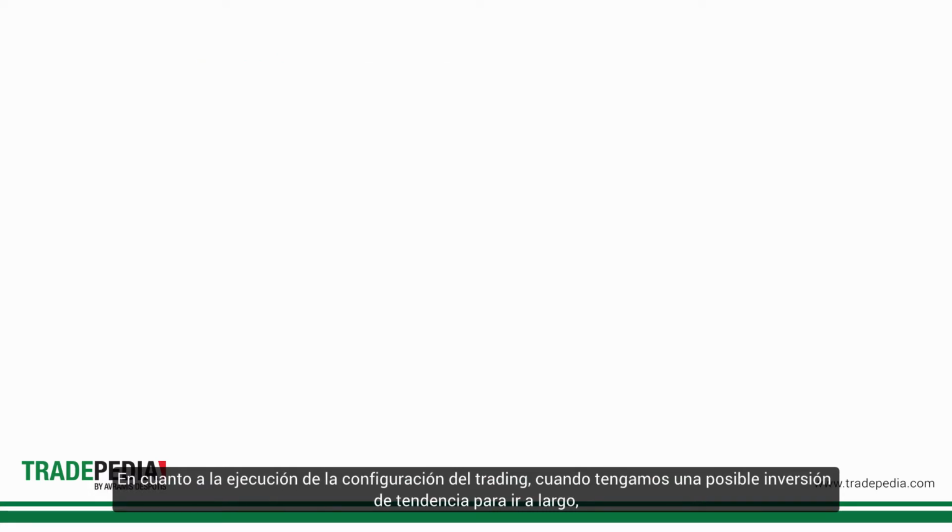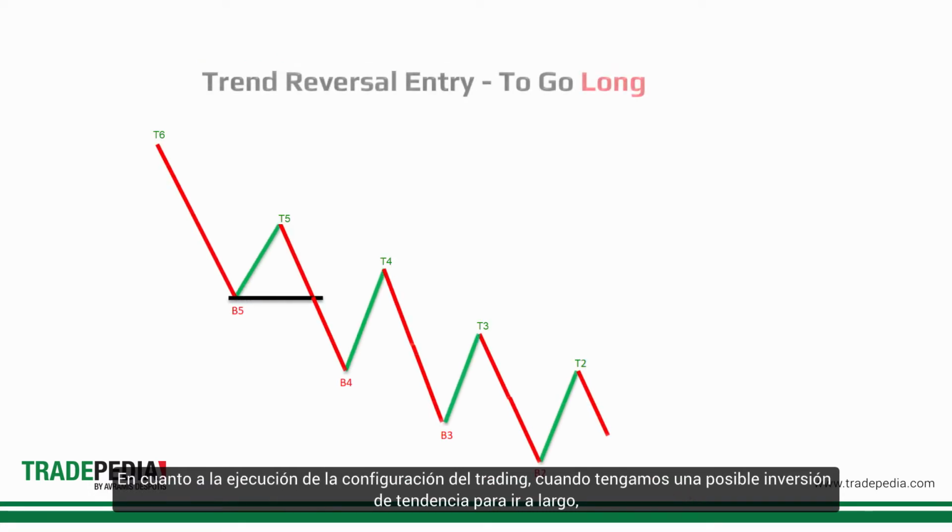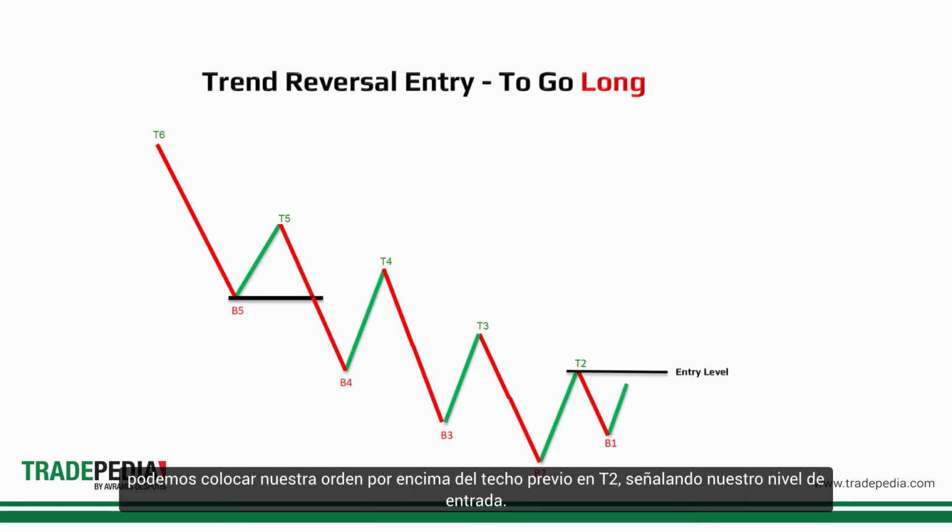Now, regarding execution of the trading setup, once we have a possible trend reversal to go long, we can place our order above the previous top at T2, signaling our entry level. Our original stop loss is placed at stop loss level 2, below the level of the previous bottom at B1.